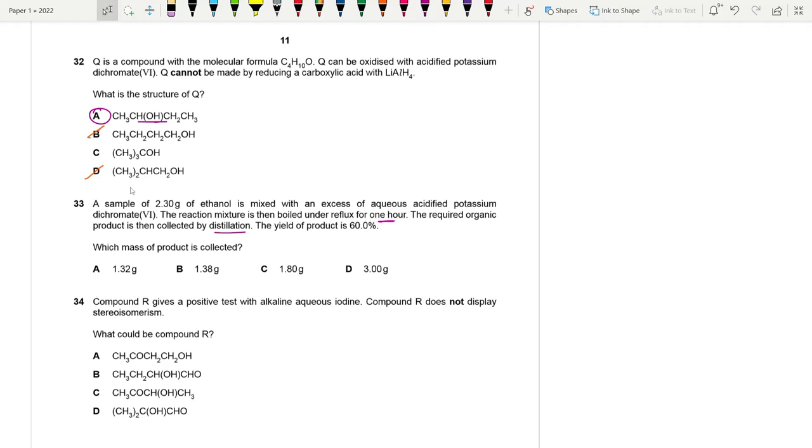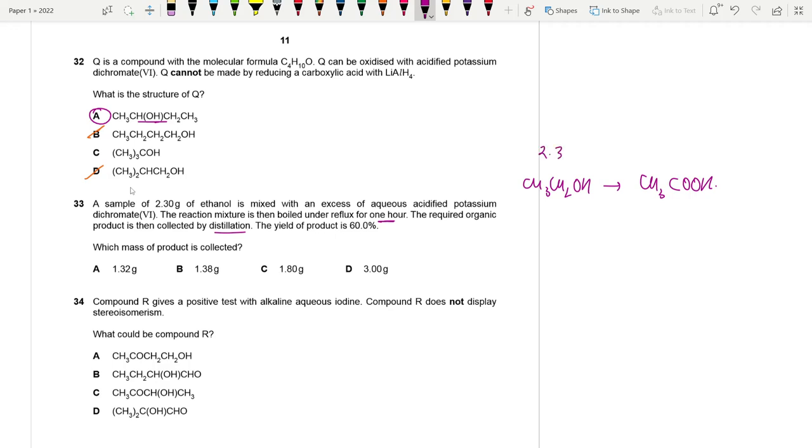That's enough for the primary alcohol to be converted to a carboxylic acid regardless of distillation. If you distill it within 5 minutes, it would have been the aldehyde. But 1 hour is too long. So ethanol CH3CH2OH turns into ethanoic acid after 1 hour of heating under reflux.